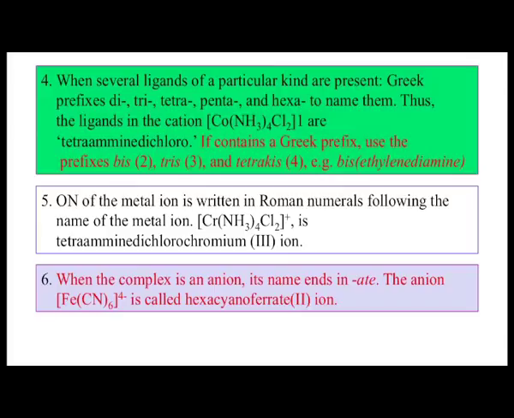Chromium is obviously in the trivalent state, which we write using a Roman numeral within brackets. So it will be tetraamminedichlorochromium(III). Alphabetical ordering is the first thing, so ammine comes first before the chloro ligand around chromium in the trivalent oxidation state.